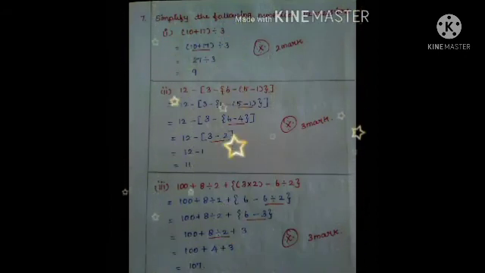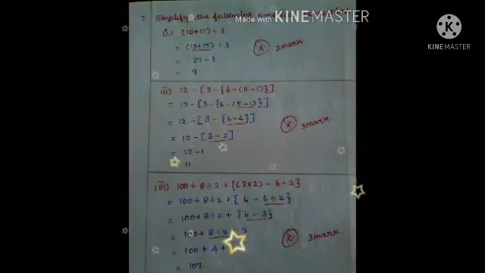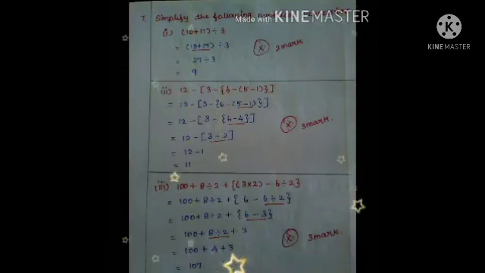Now next step, 100 plus 8 divided by 2 plus 6 minus 6 divided by 2. 6 divided by 2, how much? 3. 3 2s are 6. So 3 is the answer. Next step, 100 plus 8 divided by 2 plus 6 minus 3, how much? 3.